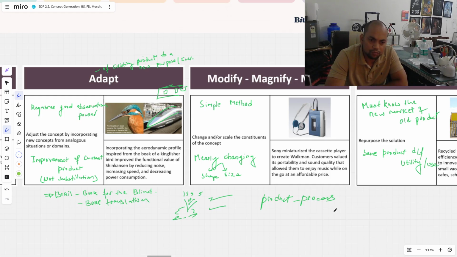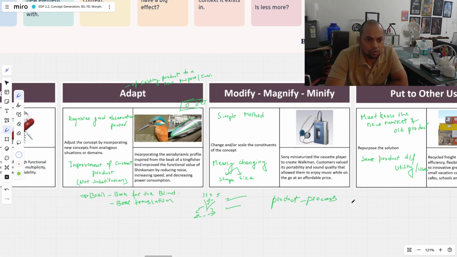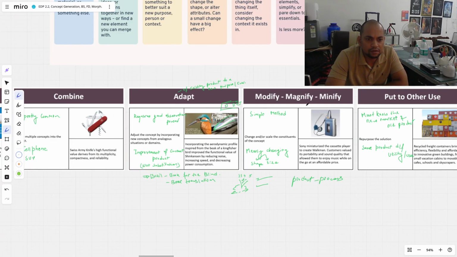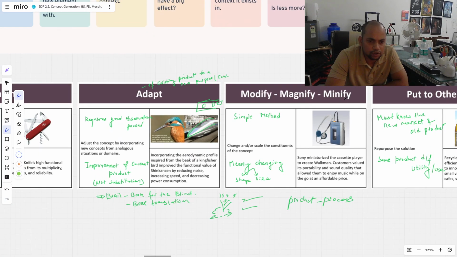So a product or a process. What you do is magnify, make it smaller, make it larger.